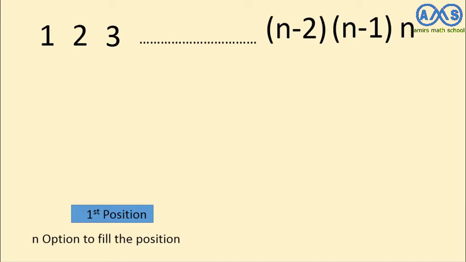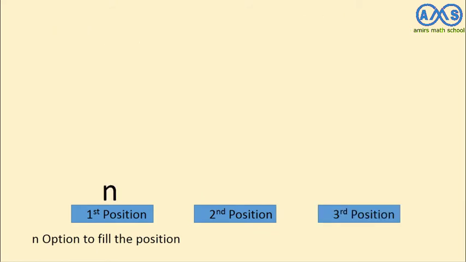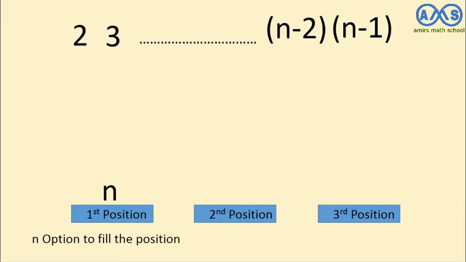In this way, we have to fill r positions: the second position, the third position, and so on. Suppose the first position is filled with n. How many options are left for the second position? They are n minus 1, n minus 2, and so on down to 3, 2 and 1.